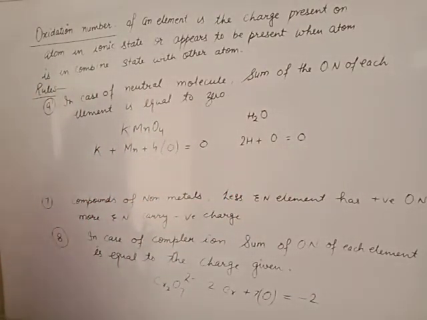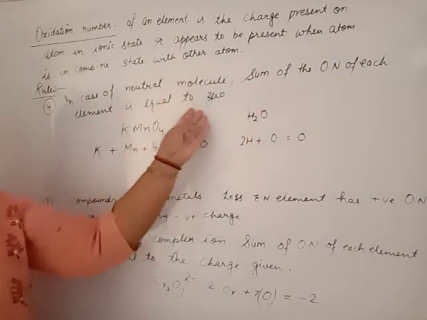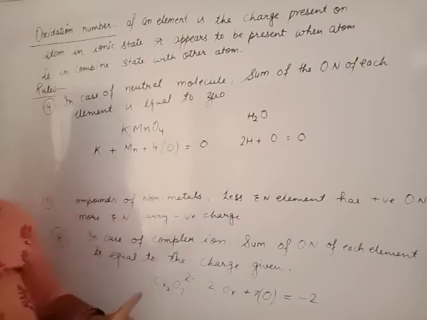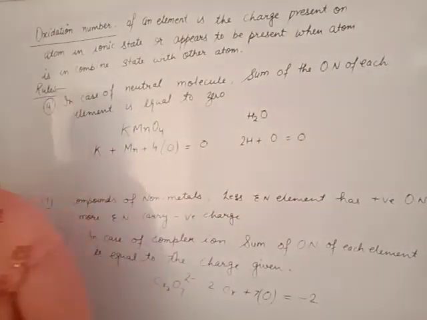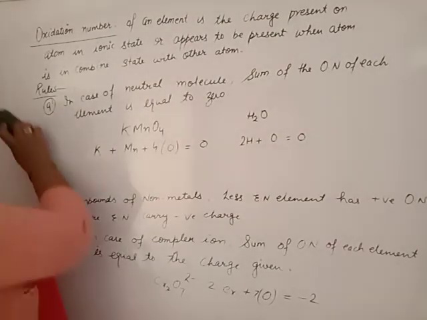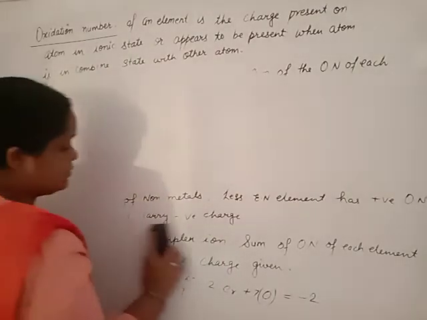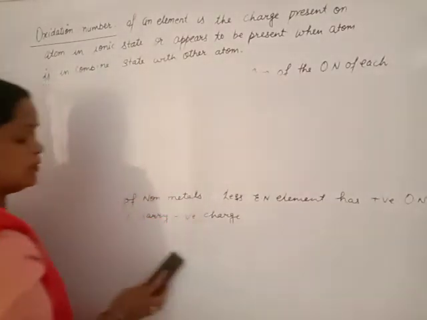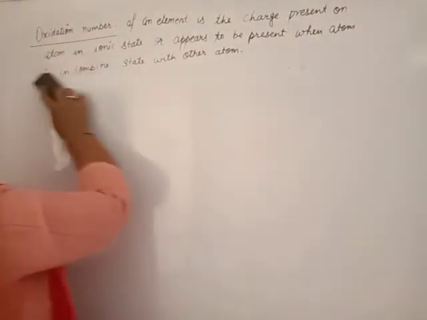In case of any neutral molecule, the sum of the oxidation number of each element is 0. But in case of complex ion, equal to the charge given. These are the rules to calculate the oxidation number. You must understand these rules, learn these rules and apply them on the compound to calculate the oxidation number of any of the elements.